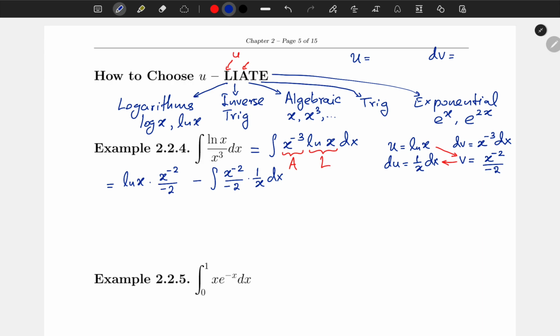Okay, now let me rewrite this. Negative half x to the negative 2 ln x, the first term. The second term, we have two negatives, which makes it positive. Half, take the constant out, and when you simplify the terms inside, you get x to the negative 3.